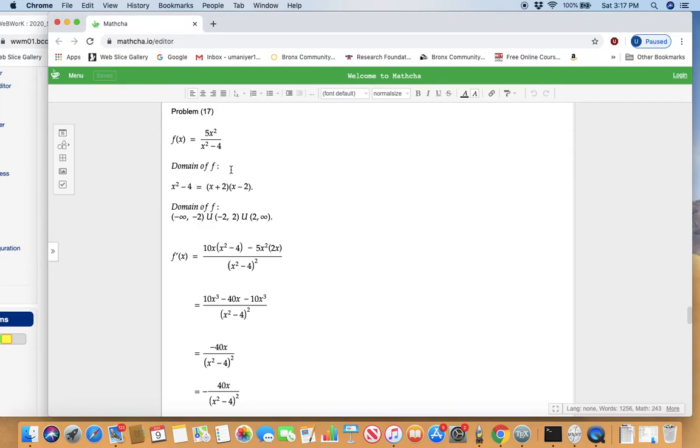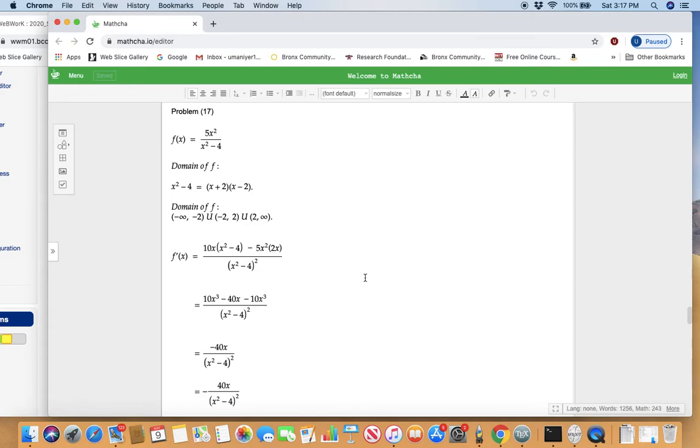That is, x equals negative 2 and positive 2 will make the denominator 0. So I have to remove those numbers from the real number line. From the real number line, I have removed negative 2, which splits it into two intervals, and I have removed positive 2. So this is the domain.